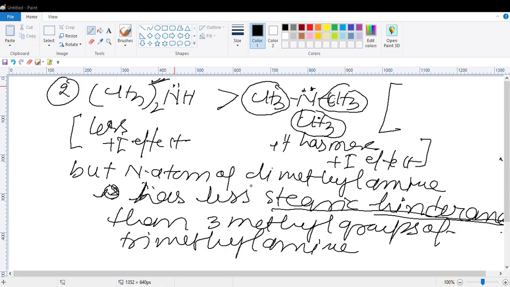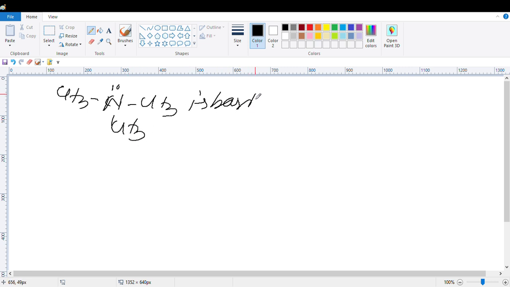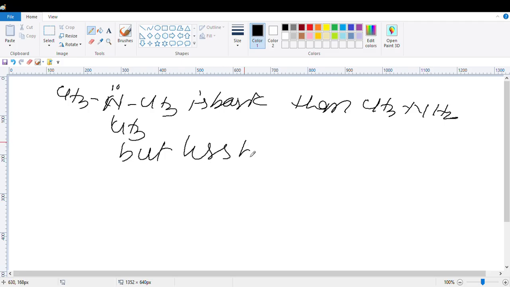Next point we will have that trimethylamine is more basic than methylamine, but less basic than ethylamine.